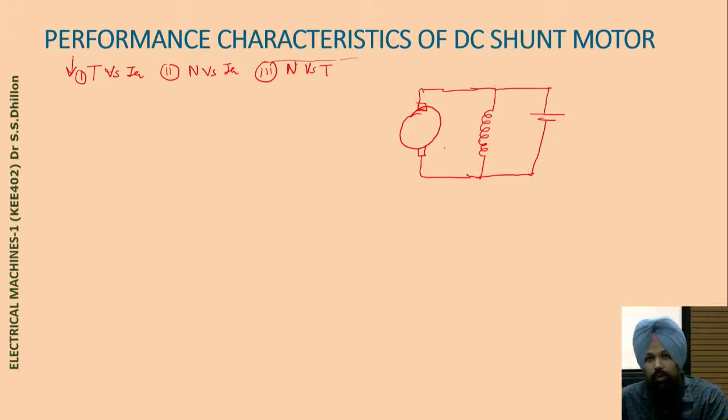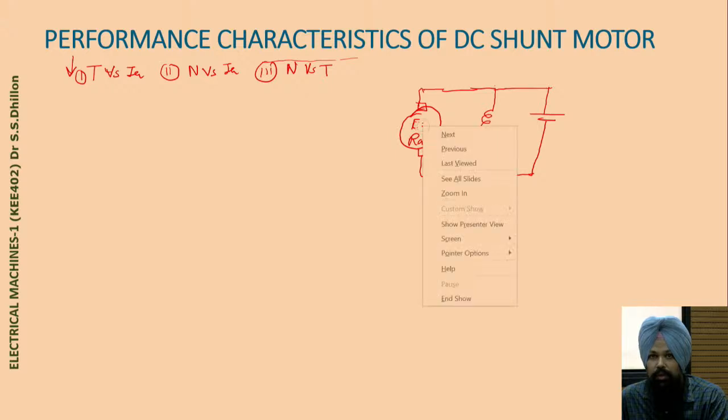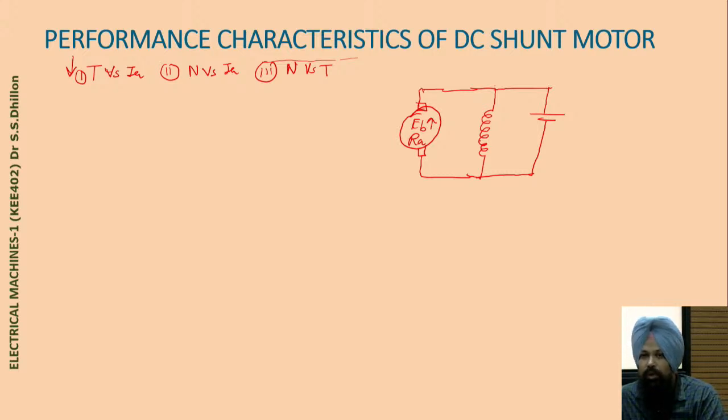For armature control, we connect the rheostat in series with the armature circuit, and for field control we connect the rheostat in the field circuit. Armature control is generally used for speeds up to the rated speed, but field control is employed when we need speeds above the rated speed.